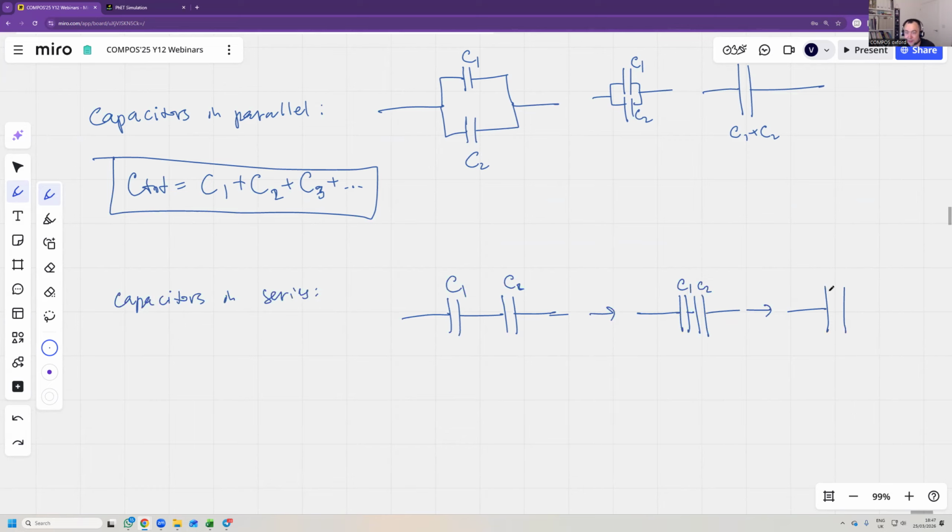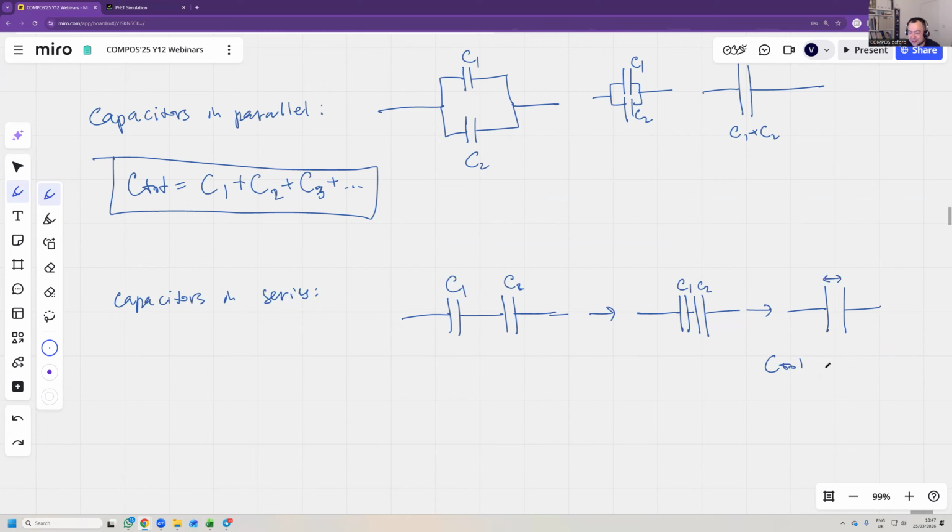If you imagine you squish them together, you get one capacitor with a bigger plate separation. You can see that C total is less than C1 and less than C2.